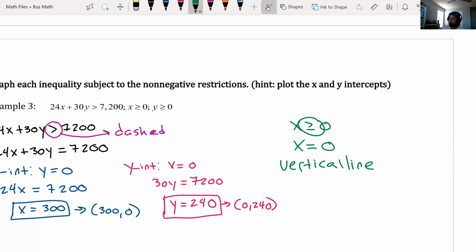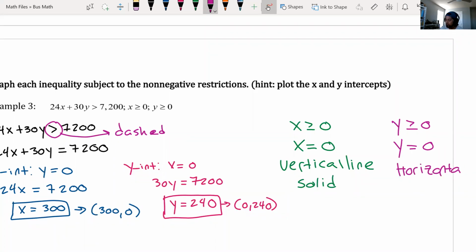And since this is a greater than or equal to, this line will be solid. And then the next one is y greater than or equal to 0, which we change into y equals 0. And again, from 1.2, this is the graph of a horizontal line. And since this is greater than or equal to, this one will also be solid.